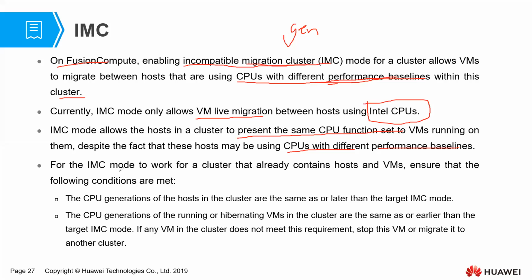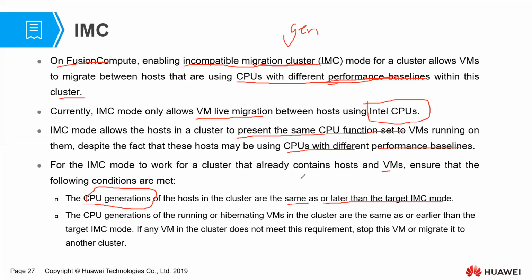So for the IMC mode to work for a cluster that already contains hosts and virtual machines, ensure that the following conditions are met, and take note. The CPU generation of hosts in the cluster must be the same or later than the target IMC mode.